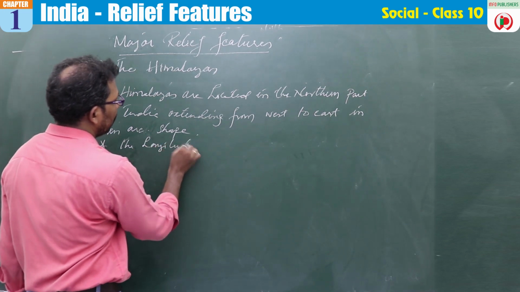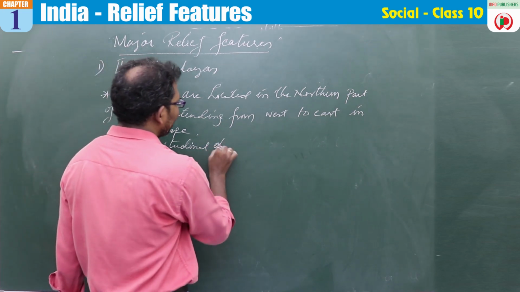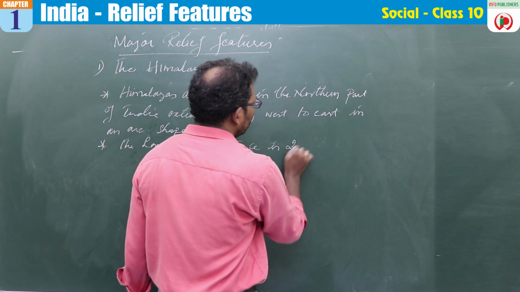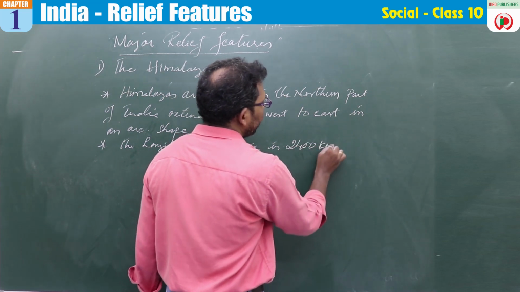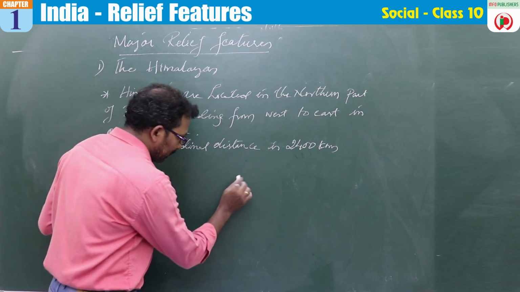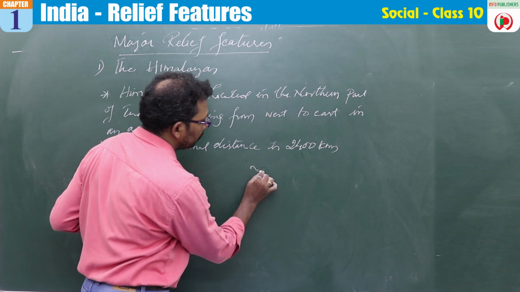The longitudinal distance is 2400 kilometers, means from west to east. If I just check it out, I'll just draw here.